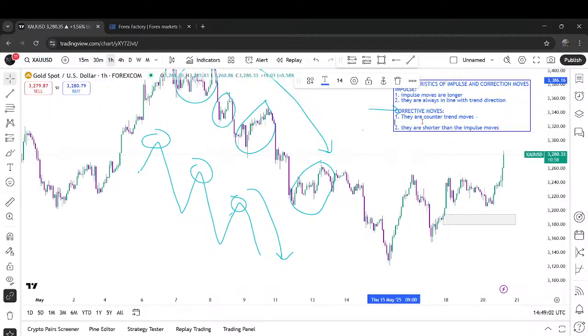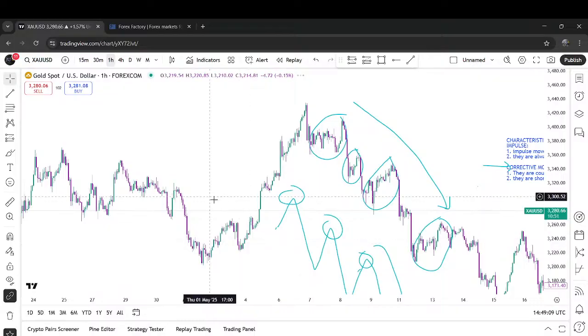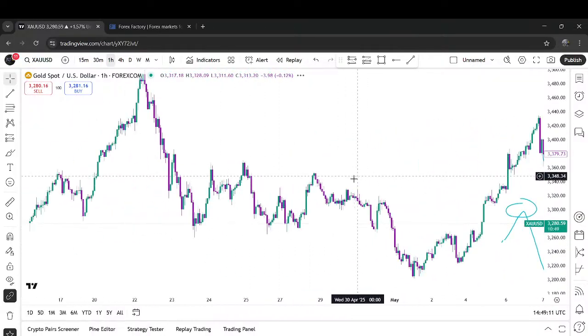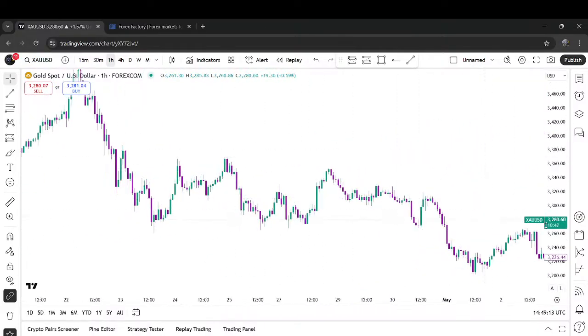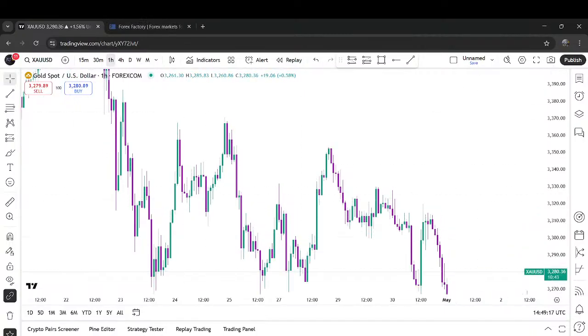That's another very important characteristic of counter trend moves. I will be showing us a little about valid counter trend moves, or valid pullbacks. So I will take us back to our material now so that we can actually see.